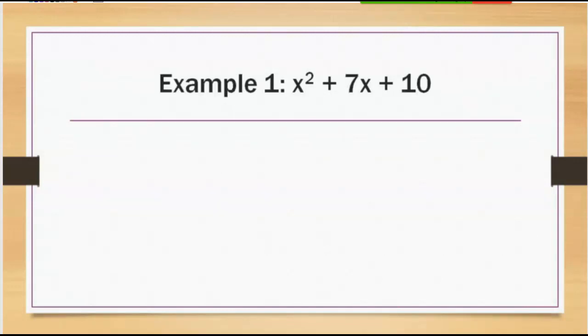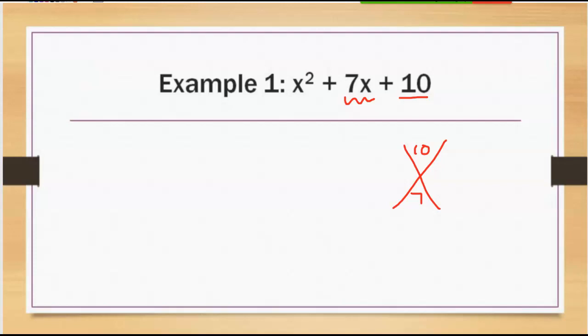In our first example, we have x squared plus 7x plus 10. What we're going to do is make our magic x. You take the last number, it goes up top. The middle number goes on the bottom. And we say, okay, what 2 numbers multiply to give me 10 and add to give me 7?